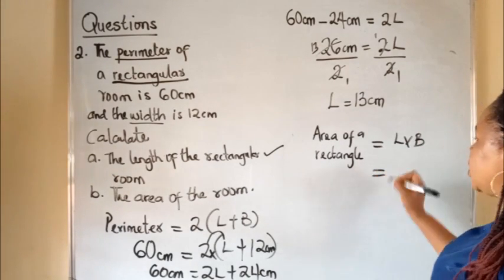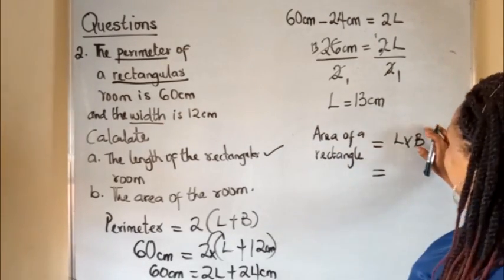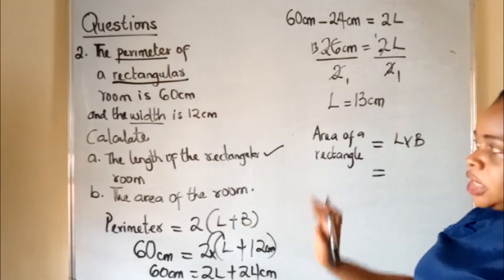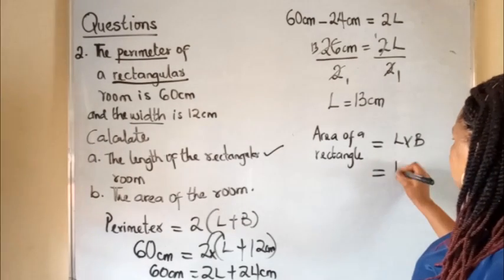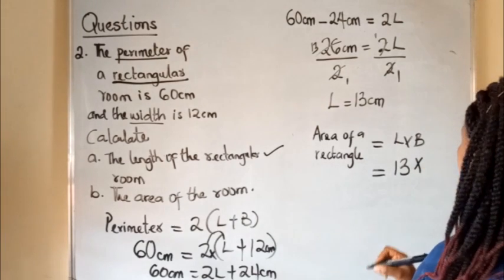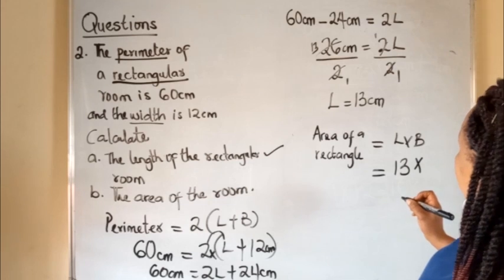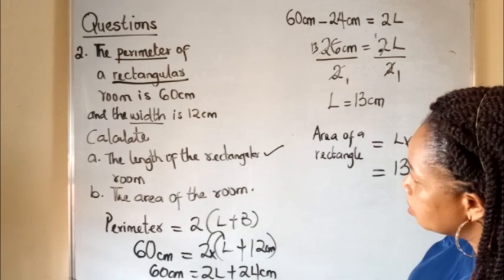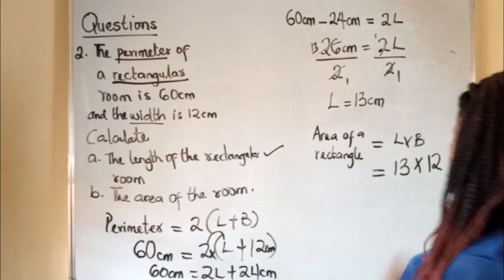Now this is very straightforward because we already have our length and the breadth or width has been given in the question. So all we're going to do is just to multiply 13 times the breadth, which is what? 12.